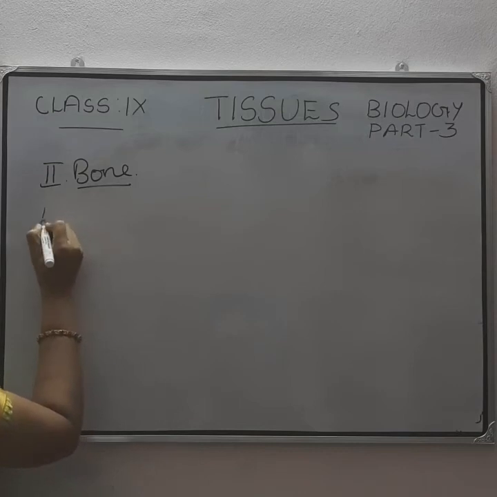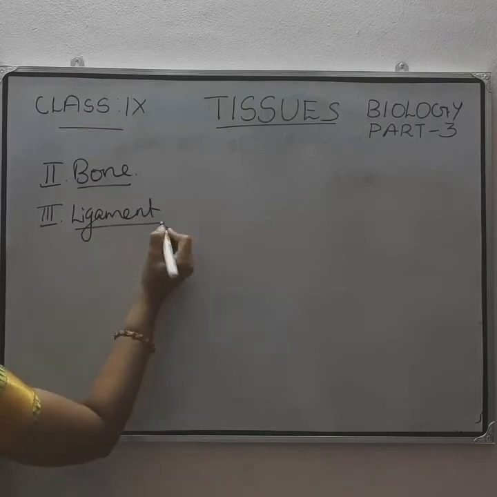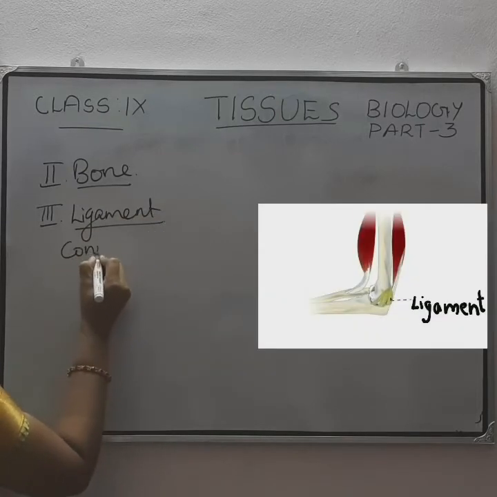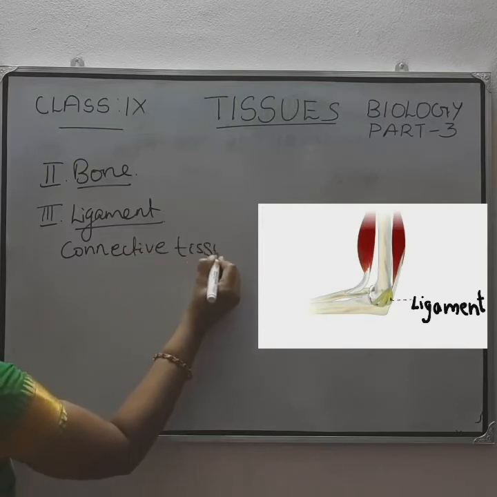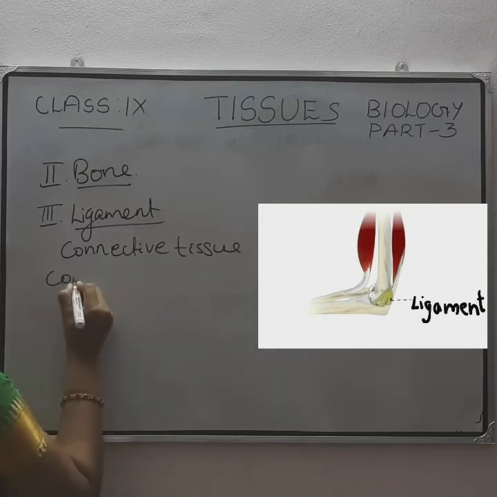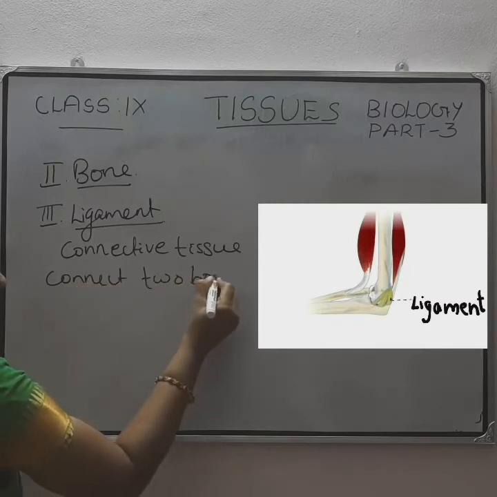Then the third connective tissue is ligament. Ligaments are also connective tissue which connect two bones to each other.